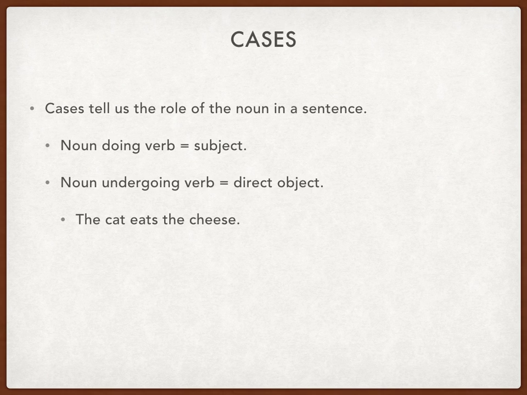The cat is the subject because it's doing the eating, while the cheese is the direct object because it's undergoing the eating. In the second sentence, a very important one, we love Latin, which is the subject and which is the object? Obviously we are the subject of the action, we are doing the loving, while Latin is the direct object receiving our love, and a lot of it.